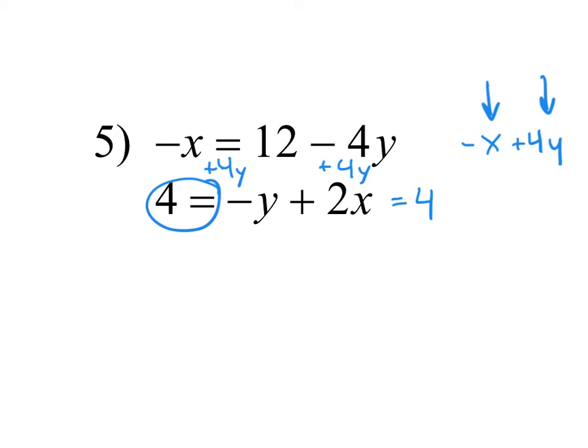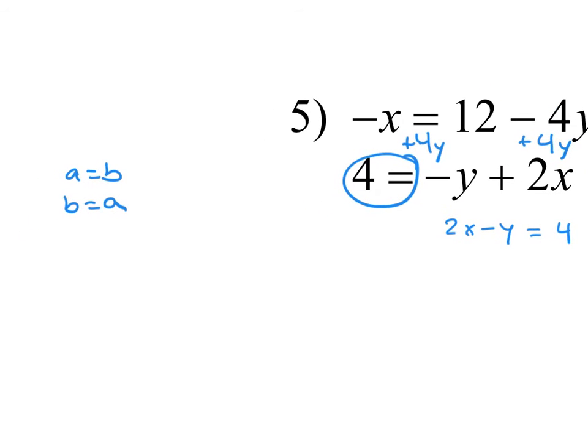So we have negative y plus 2x is equal to 4, and then we can just rearrange our x and y by putting the x first. So 2x minus y is equal to 4. Here I didn't have to bring anything to the other side of the equal sign. I just rearranged what was on that side.